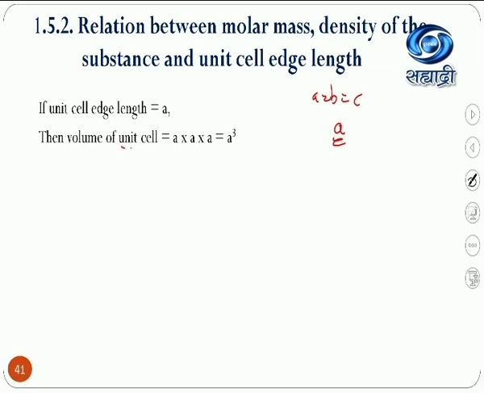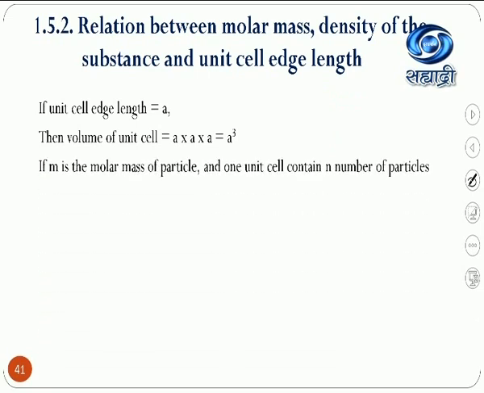The volume of a unit cell, cubic unit cell specifically, is a into a, that is a cube, right? Next, if M is the molar mass of the individual particles, and one unit cell contains n number of particles.